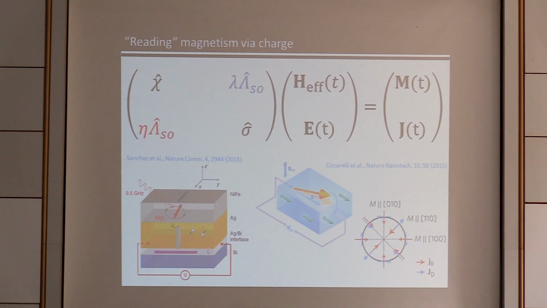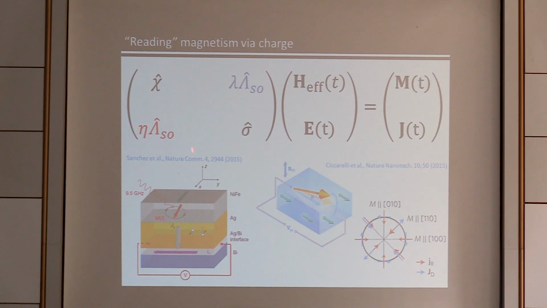Now, as far as the magnetic reading via charge is concerned, this is also very much linked to the spin-orbit field. To intuitively understand it, we can phenomenologically describe the interaction between magnetic and charge parameters in a magnetic system by introducing a Hamiltonian.